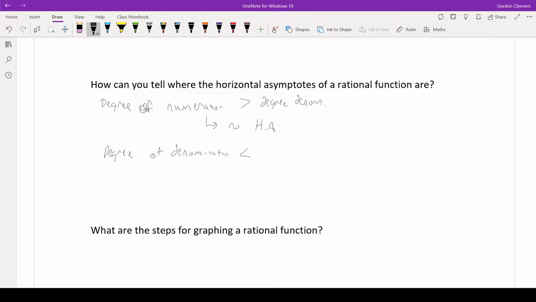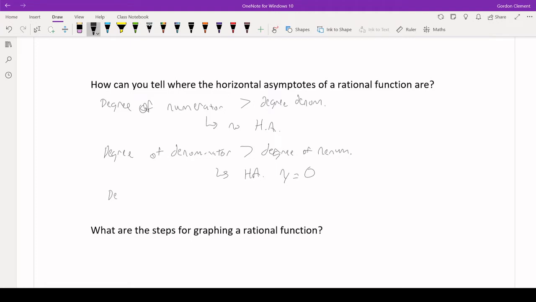The other way, if the degree of the denominator is bigger, if the bottom has the bigger degree, that's where we get the horizontal asymptote at y equals 0. So the x-axis would be the horizontal asymptote in that case.